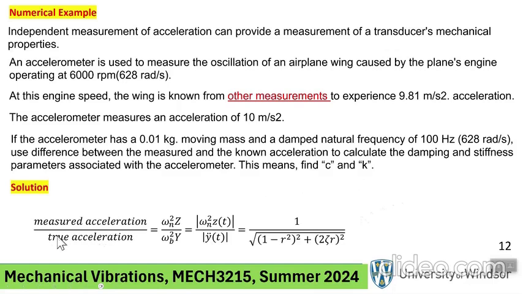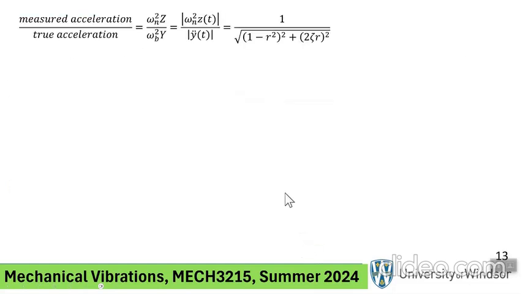Measured acceleration over true acceleration is given by this right-hand side. So we measured it, and we came up with 10, and somebody else gave us the data, and we put our blind trust in them that their value is correct, 9.81, equal to the right-hand side.